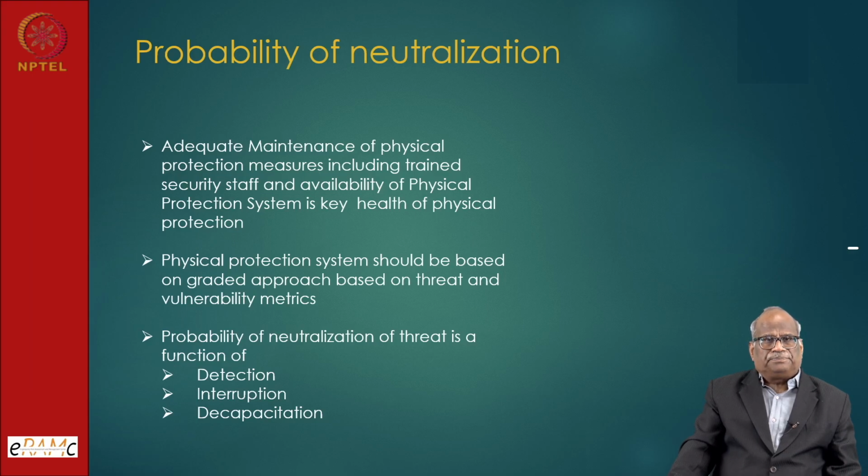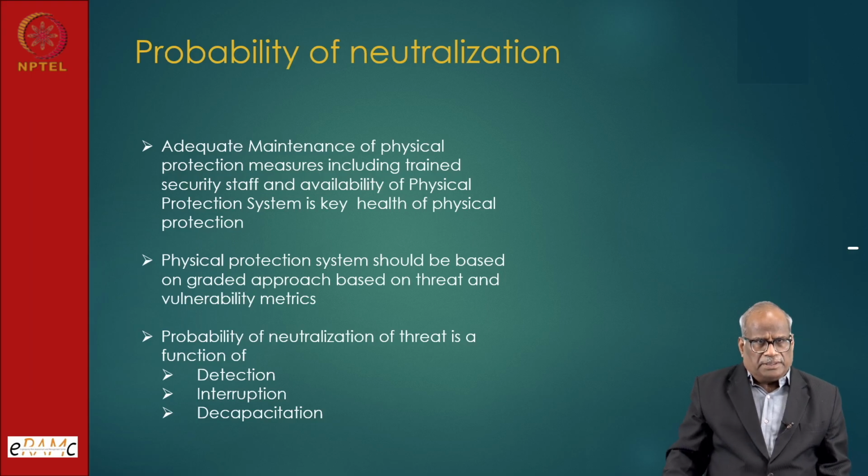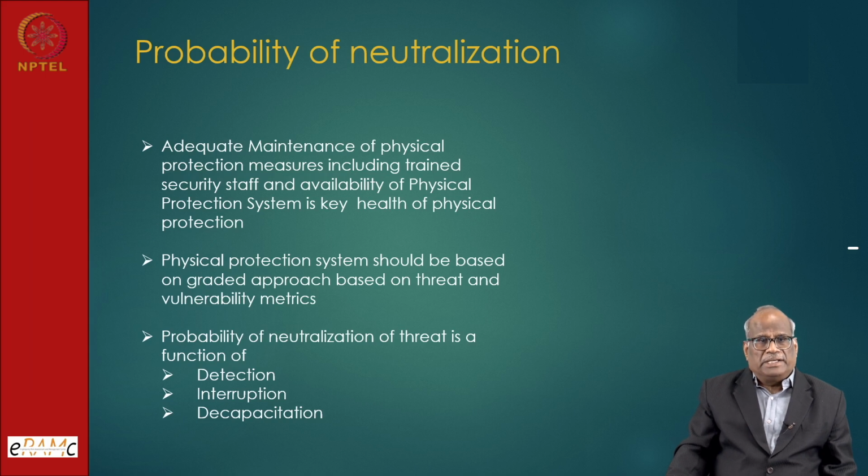Physical protection system should be based on a graded approach, based on IAEA guidelines, International Atomic Energy Agency guidelines, risk informed guidelines, and graded approach comes from risk informed input actually, and probabilities. Probability of neutralization of threat is a function of detection, then one more factor, delay, interruption, and then the capacity against whatever damage potential was there.